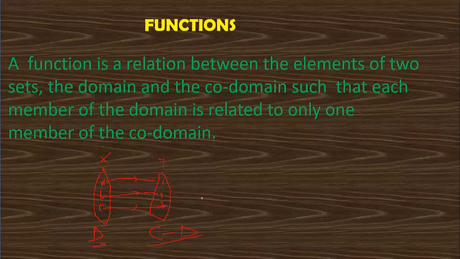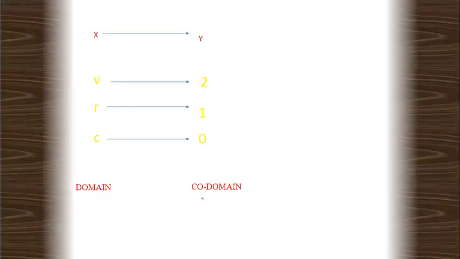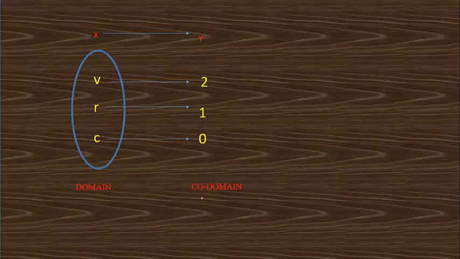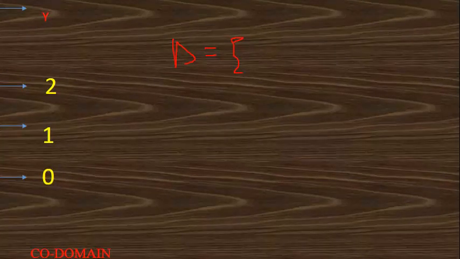So we are going to proceed with what I said. So we have a domain, that is the first set. If you are asked to list the domain, you straight away write D. Our domain, we have V, R, and C. So that is our domain.